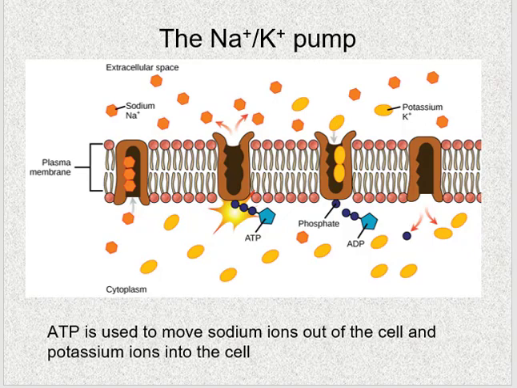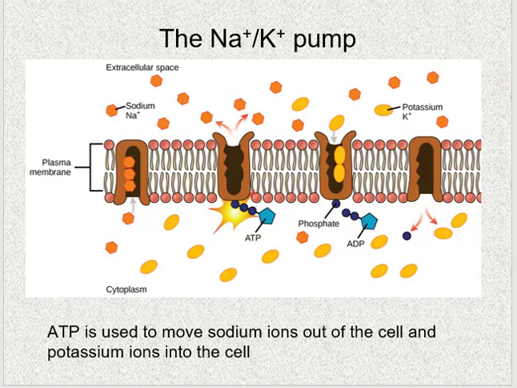Then, as a result, the carrier will change shape and reorient itself towards the membrane's exterior. The protein's affinity for sodium decreases and the 3 sodium ions leave the carrier. This shape change increases the carrier's affinity for potassium ions, and 2 such ions will attach to the protein.